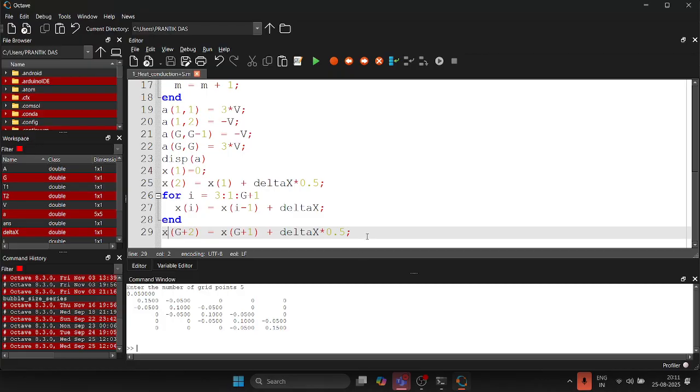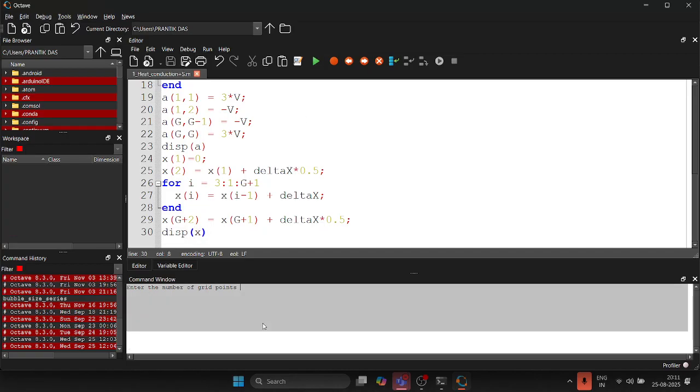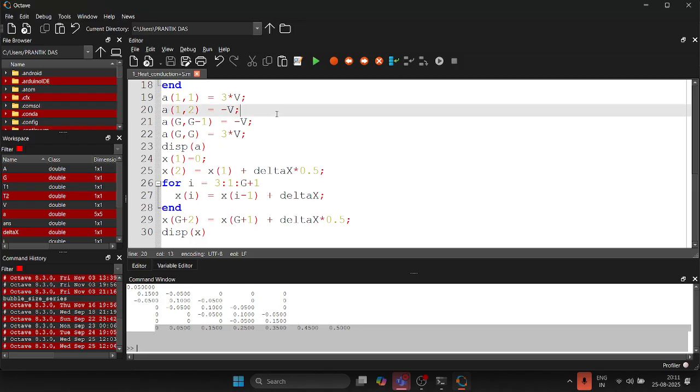So if I display x, now it comes to be like this. This is your x: 0, 0.05, 0.15, 0.25, 0.35, 0.45, and 0.5. As I said earlier, 0.5 is the length of the whole plot that I have taken. Is it clear to all of you?